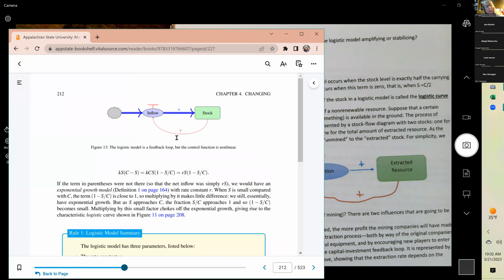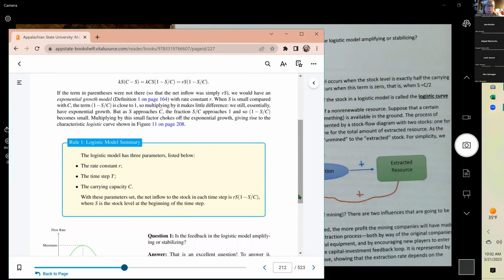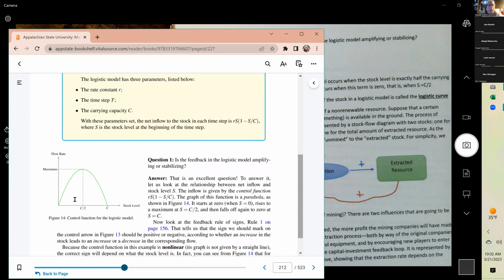On this flow rate here, they were talking about a nonlinear function, what happens when something's not a straight line growth, because then it doesn't stay the same amount. And if we look at this here, this is the logistic model of the flow rate.